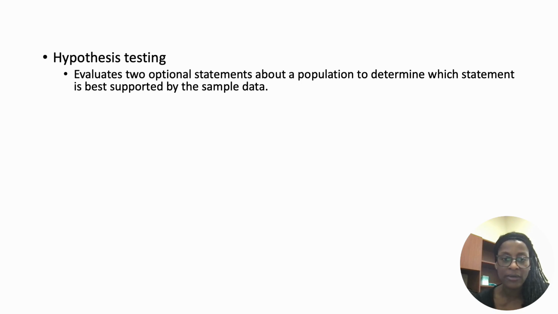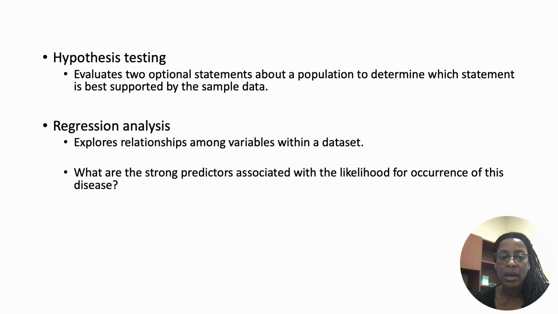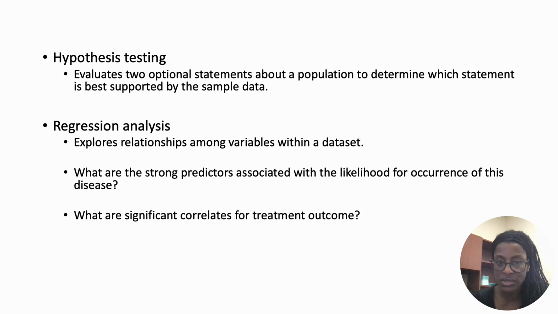Hypothesis testing evaluates various statements to determine which statement is supported by the sample data. So this is all part of developing a model and also confirming a model. Regression analysis also allows you to explore relationships among variables within a data set. What are the strong predictors associated with the likelihood of a disease condition? What are significant correlates for treatment outcome?